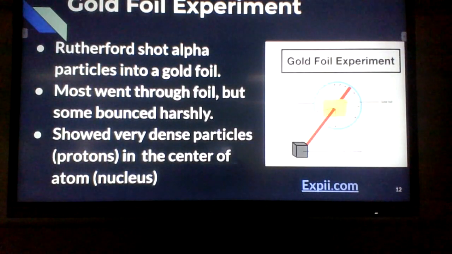What this showed was very dense particles in the center of the nucleus, and further experimentation led to the discovery of the positive charges on some of those things, called protons, and the no charge, the neutral charge, on the other particles, and those are called neutrons. The protons and the neutrons make up the atom's nucleus, and the protons and the neutrons make up the atom's mass as well. A neutron is actually a proton stuck to an electron, so two of those put together.